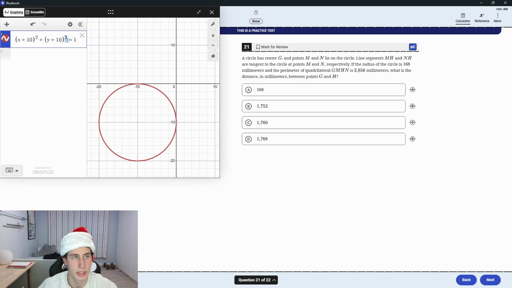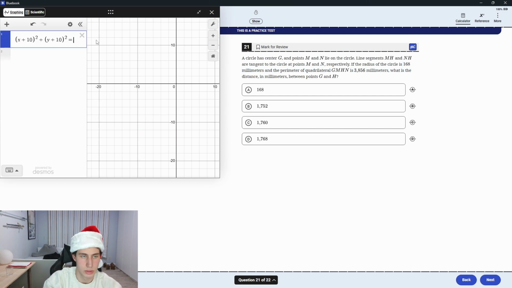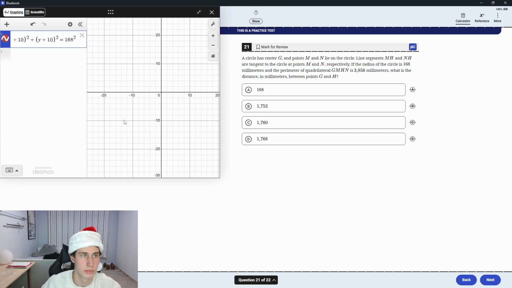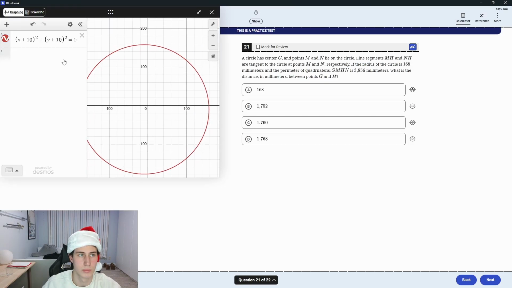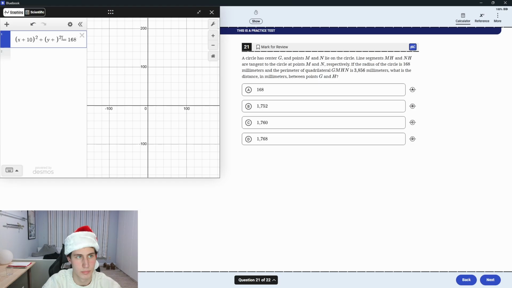So this is kind of a circle, but it's giving us that the radius of the circle is 168 millimeters. So 168 millimeters.